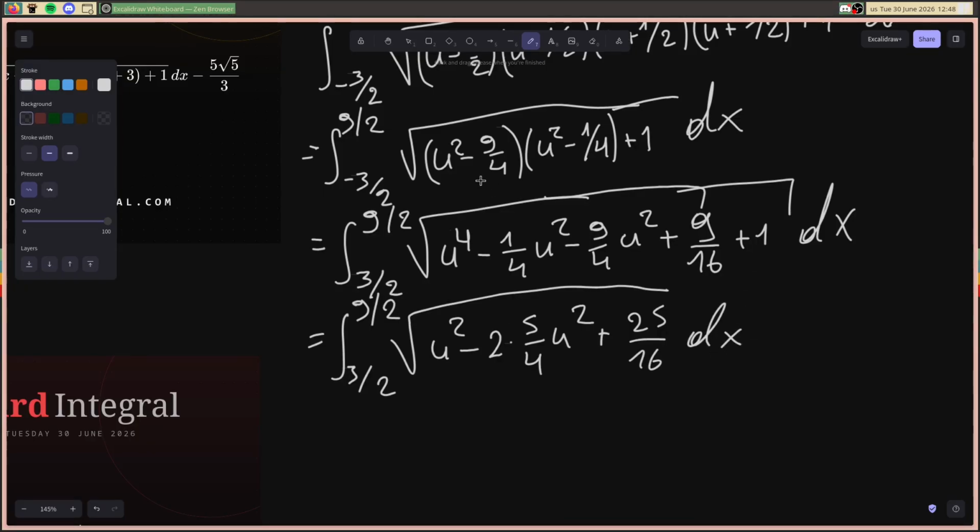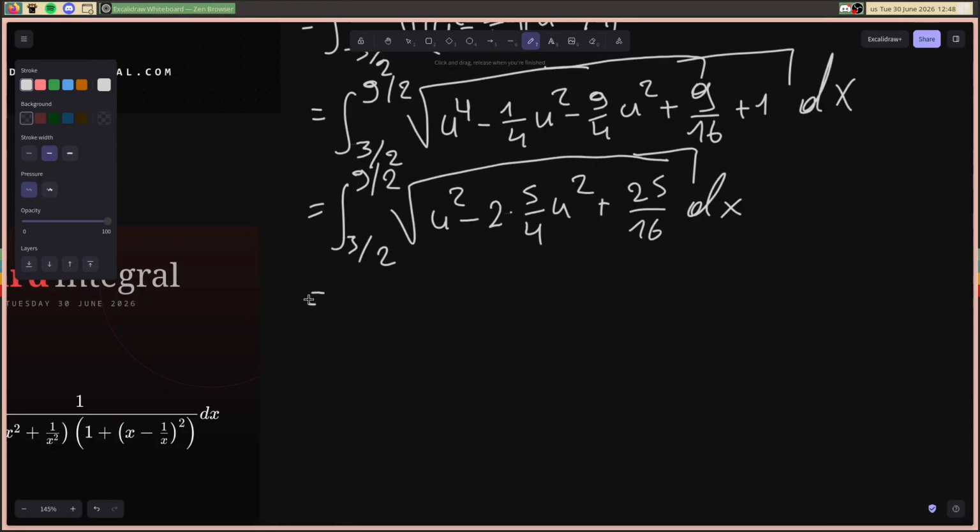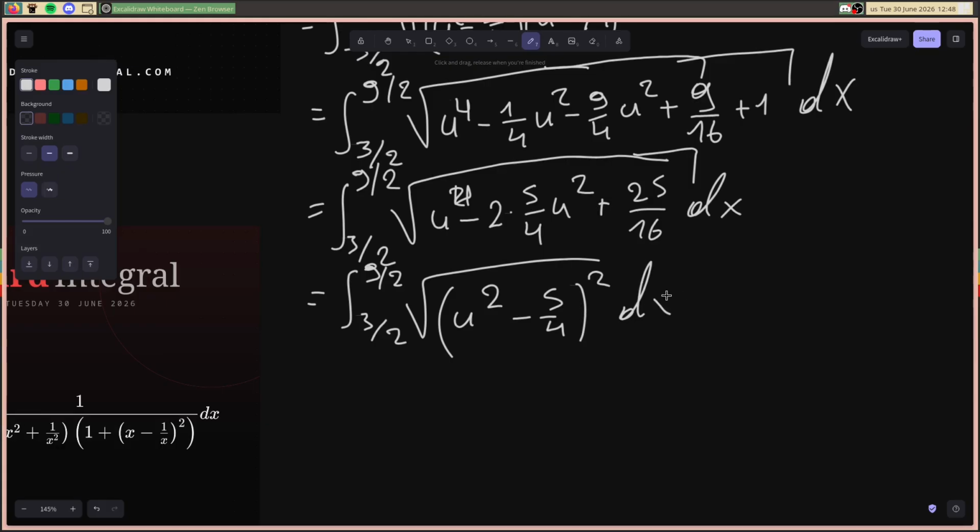What I did here is make a common denominator and write this in the form of a square. So when I continue, I'm going to get the square root of u to the 4th, u squared minus 5 over 4, all of that squared dx.